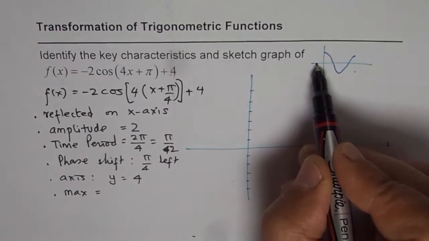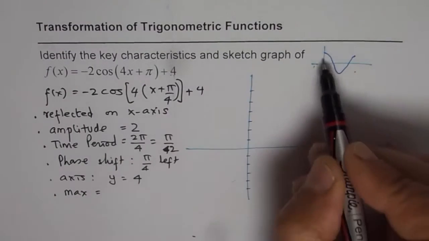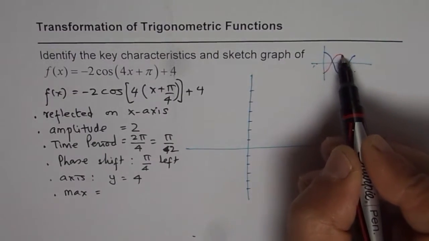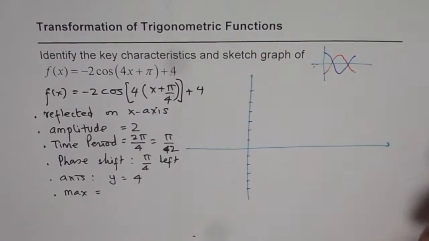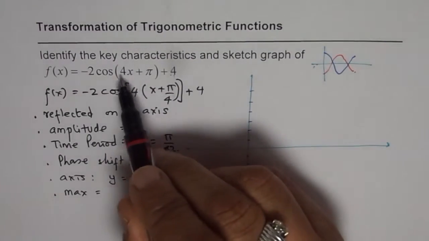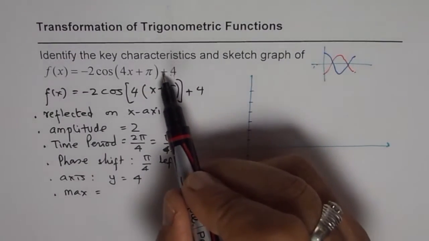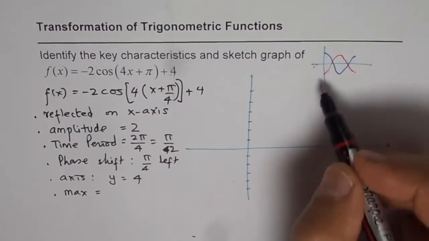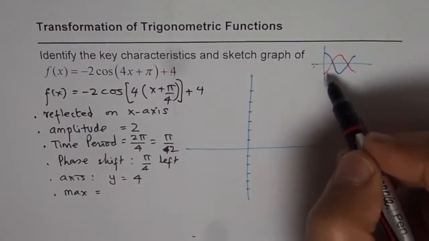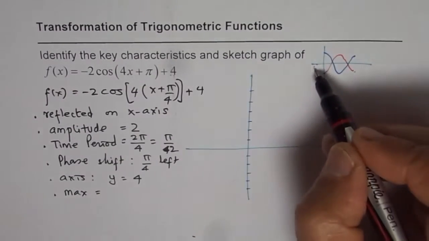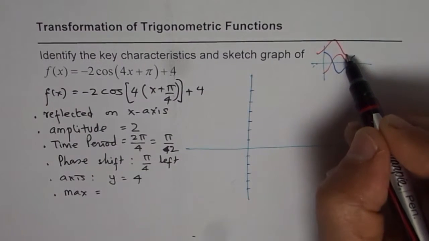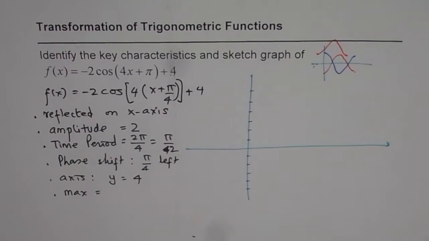So first we are expecting a reflection, which is kind of like this. This is because of the minus. Of course there are stretches and compression, which we'll finally do, and a translation of 4 units up, so it kind of goes upwards, right? And left, so something like this we are expecting. You see that?